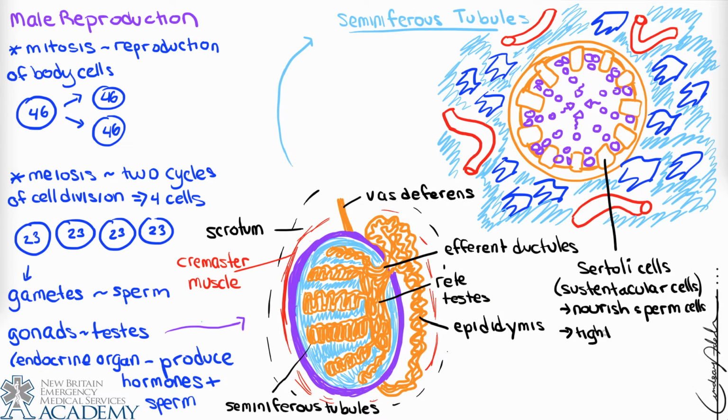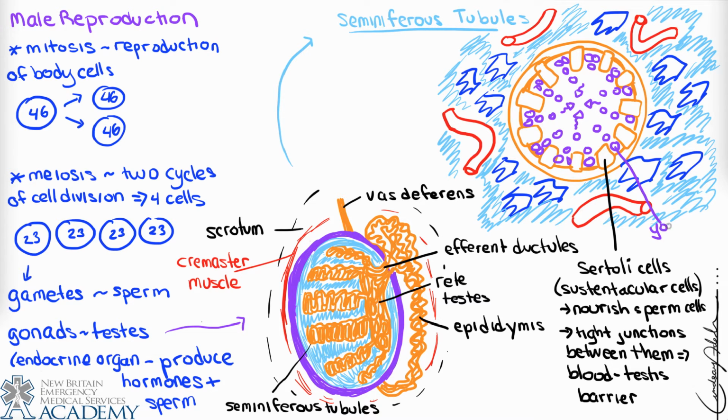And then also we can see that there are tight junctions between the cells. So this actually forms the blood-testes barrier. This is important because it makes sure that there are no pathogens or anything that can access the developing sperm cells. So they're protected from disease in that way.